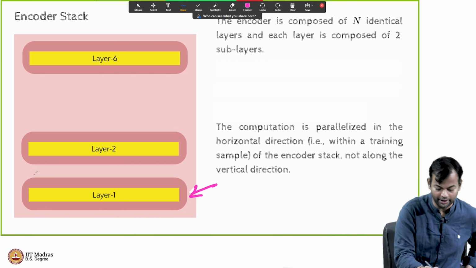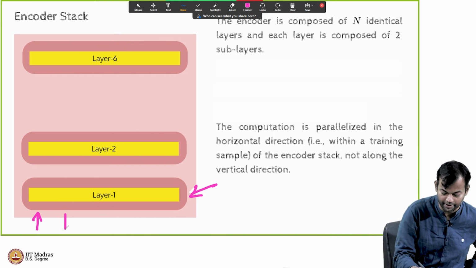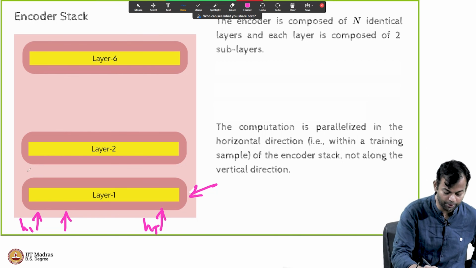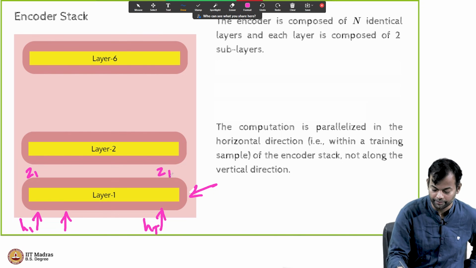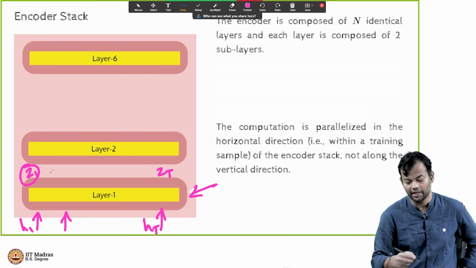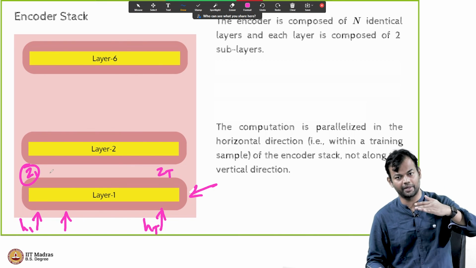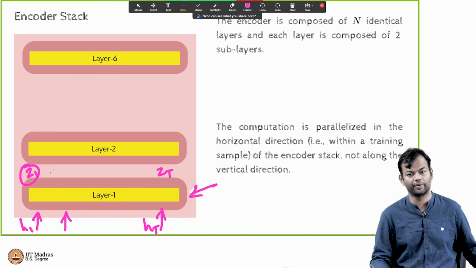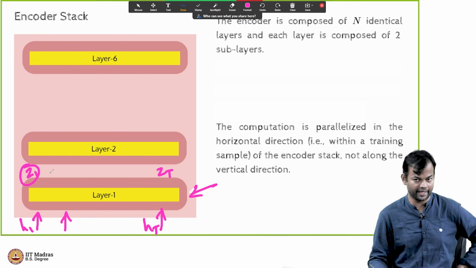Again I'll just repeat this because this is important. In the case of an RNN, when you were given H1 to HT and you had to compute Z1 to ZT, you first had to compute Z1, then Z2, then ZT and so on. And here we saw that using these large matrix multiplications, we get Z1 to ZT in parallel. You don't have to wait for the previous time step for the next time step to be computed.